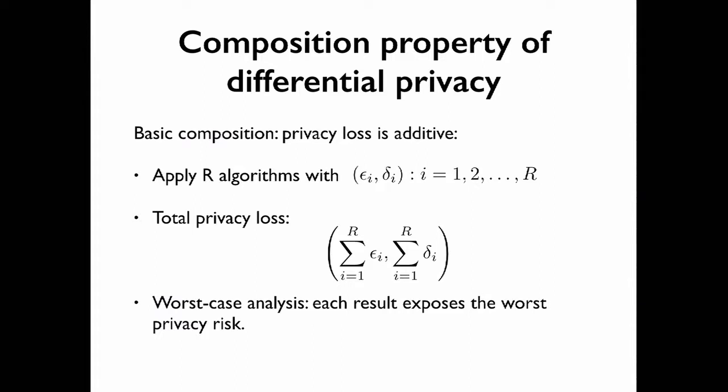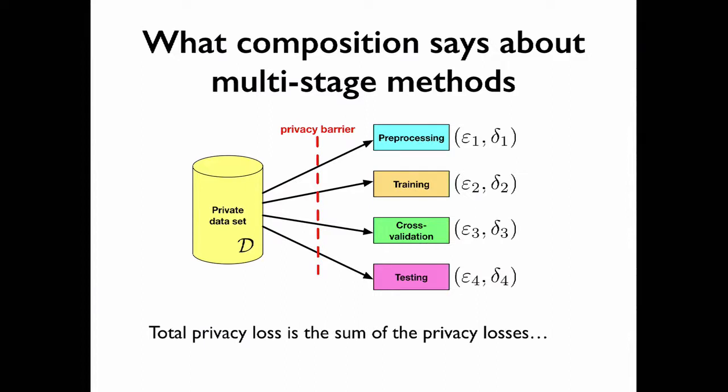This has the advantage of being nice and clean, but has the disadvantage of saying, well, it looks like you're not guaranteeing very much privacy after doing just a little bit of processing. So the question is, what can we do here?